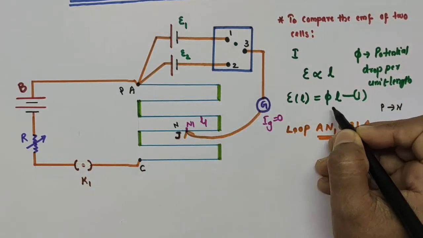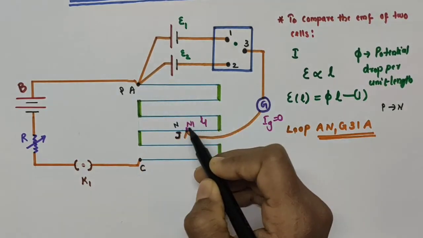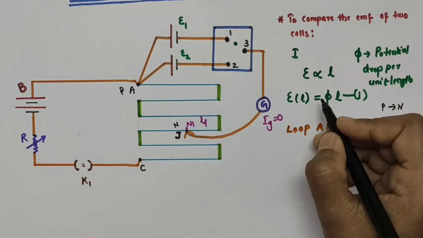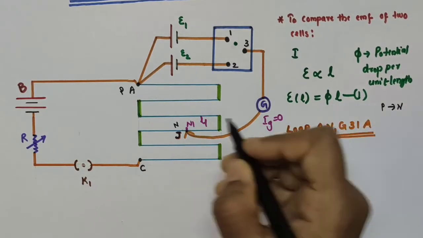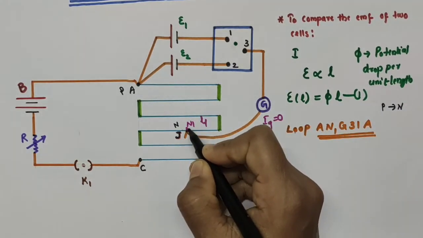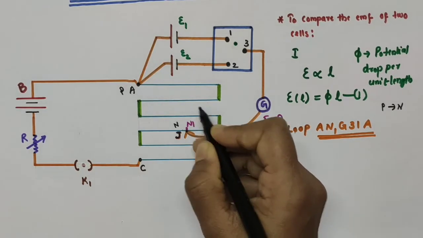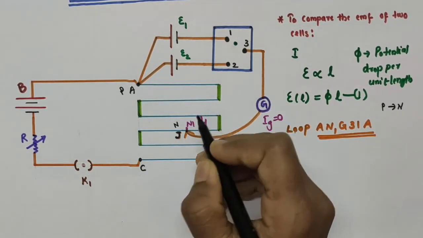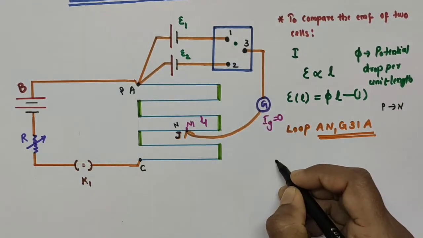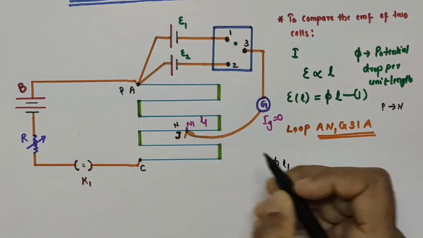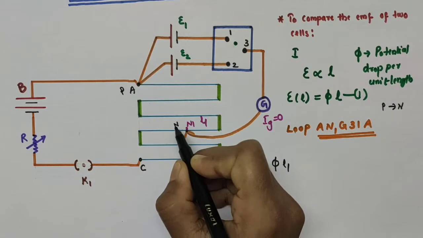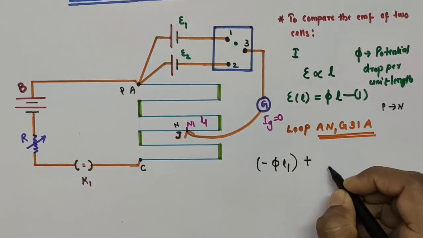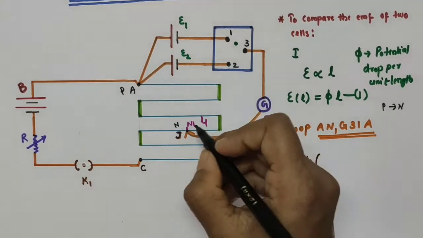Right, because the potential difference between A and any point at a distance L from A is phi into L. Here we have that point as N1, of length L1. From A to N1, the length of the wire is L1. So the potential difference here will be phi into L1. But here we are walking from P to N, so that must be taken as negative. Then the sum of potential differences, so plus.